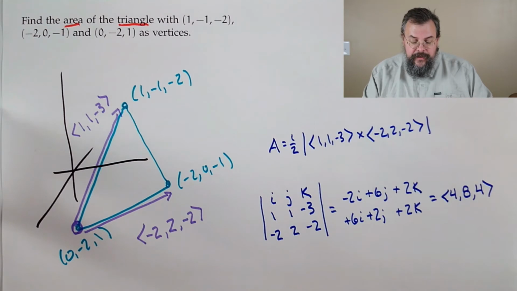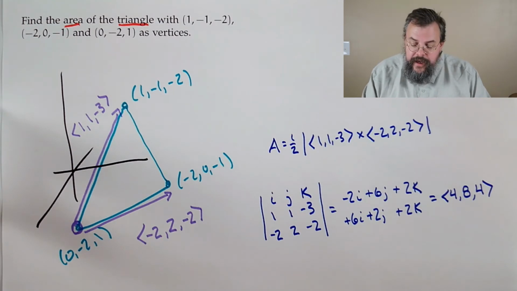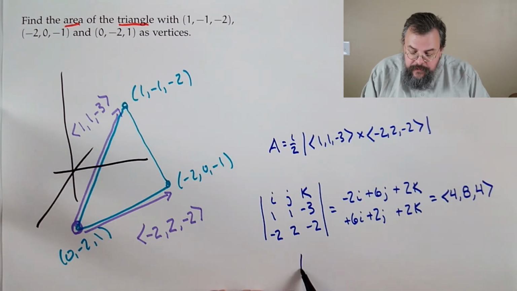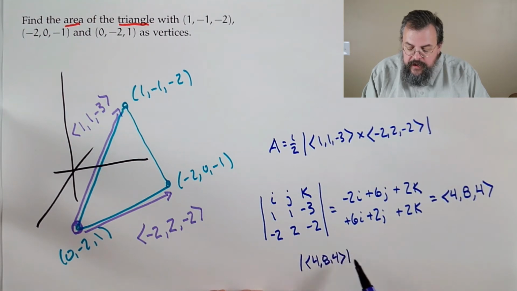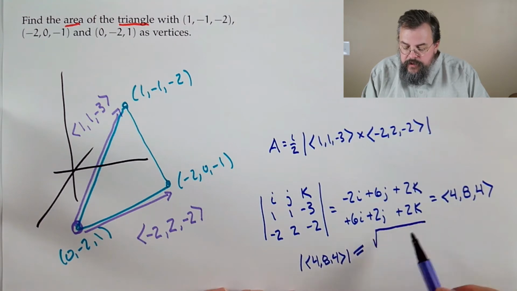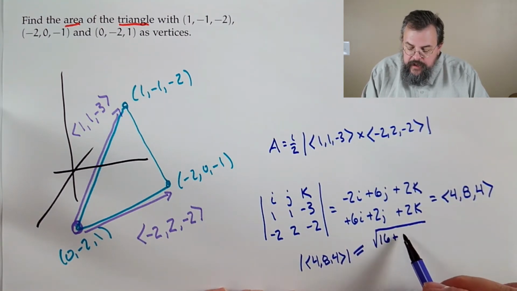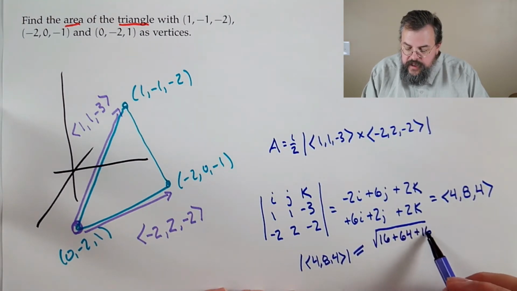All right, so now what? Well, the next thing is to say, what's the magnitude? Now, there's two choices. If I'm looking for the magnitude of the vector 4, 8, 4, one of the things I can do is just say, look, that's going to be the square root of 4 squared, 16, 8 squared, 64, 4 squared, another 16.